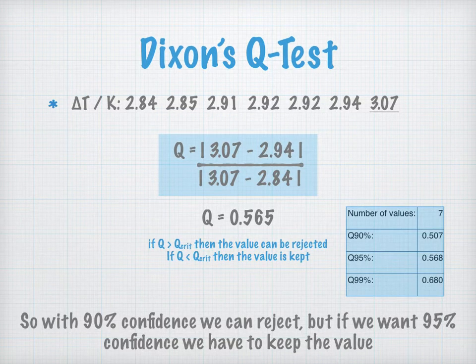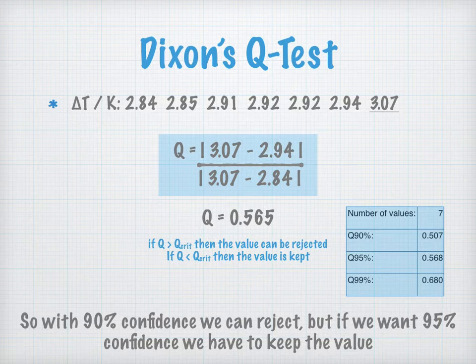So if I look at my data set here, I have my temperatures. I've got 7 different values, and so I've just pulled the column from that table where I have 7 values. And I work out my value of Q to be 0.565.